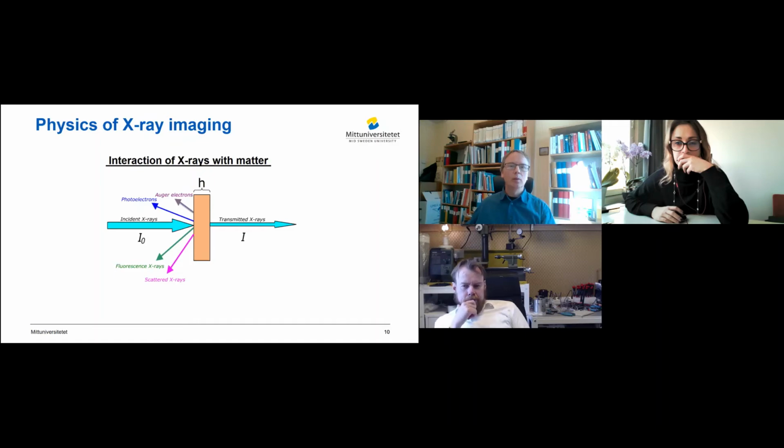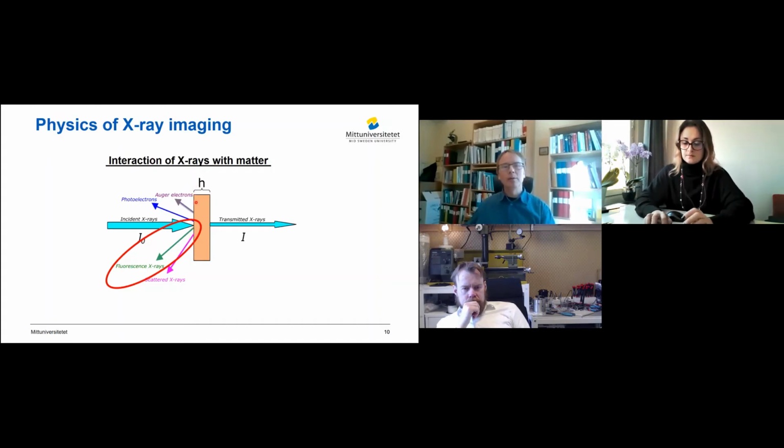I want to come back then to the different parts of what we can look at, and look at the other way to study images, and that's to look at the X-ray fluorescence coming out, and that will be quite much of a surface measurement, at least for more dense material.